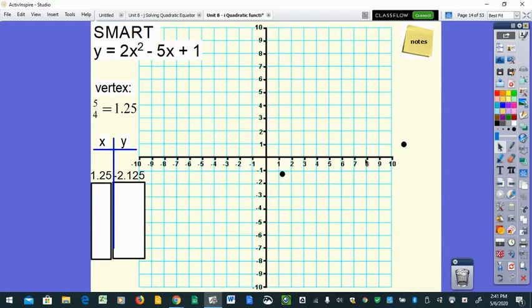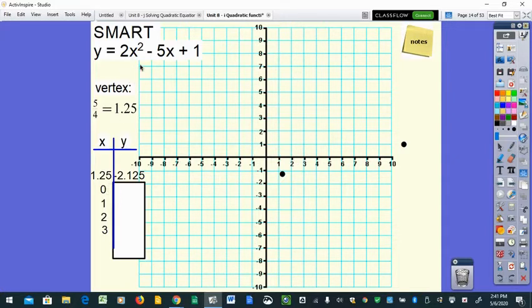So what I would do instead is do the math 5 times. I already did it once. I'm going to pick 2 x values to the right and 2 x values to the left, and it doesn't matter that they're symmetric. So I'm going to pick 0 and 1, which would be 2 x values to the left, and 2 and 3, which would be 2 x values to the right. And I'm going to just substitute those in.